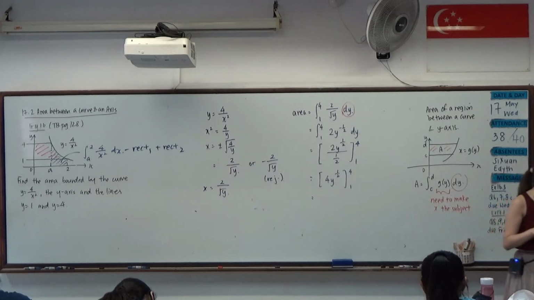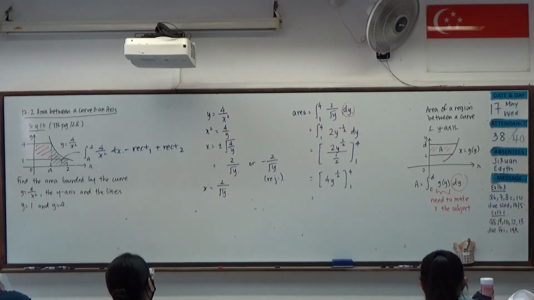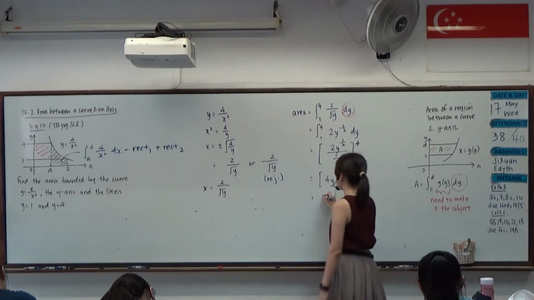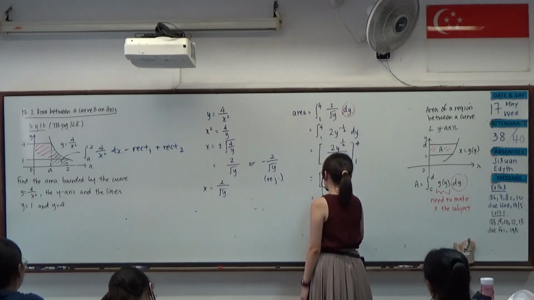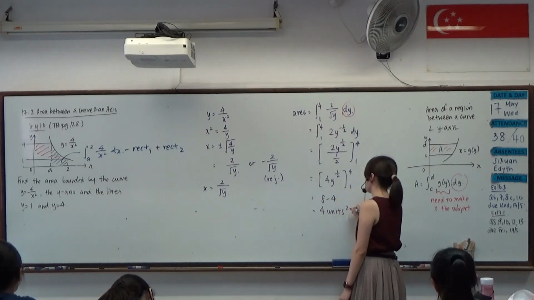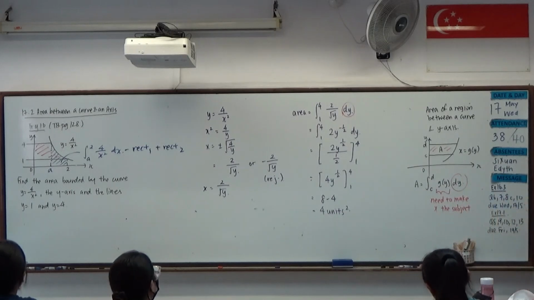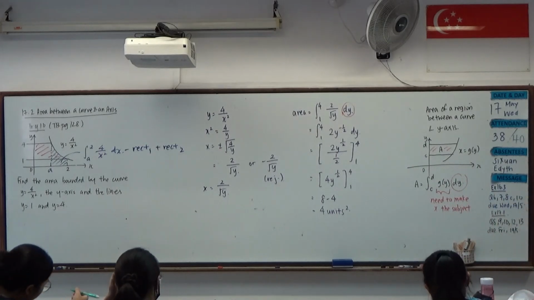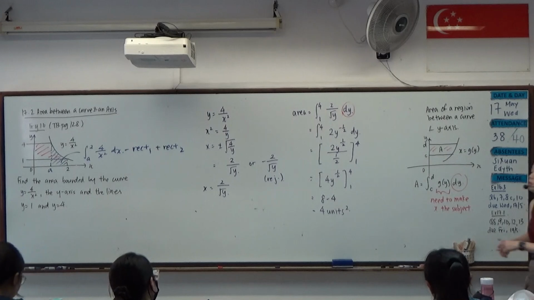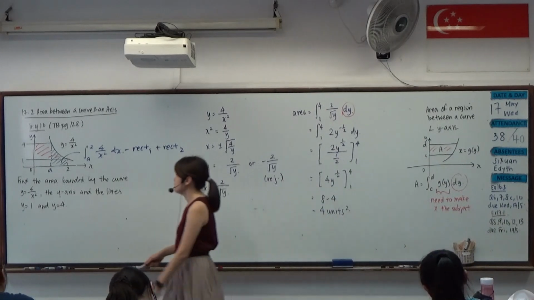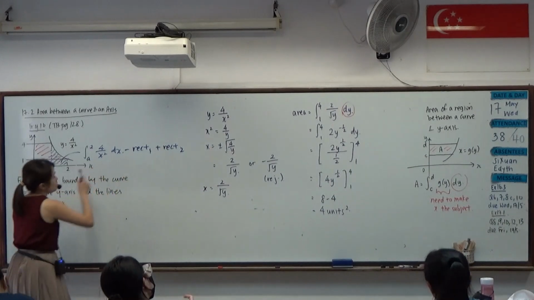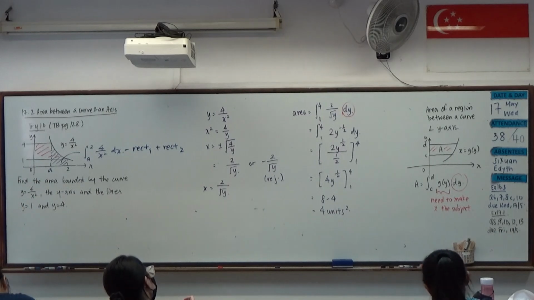Then we do the substitution as per usual. We will have 8 minus 4. And that gives us 4 units squared. So definitely simpler than to actually break it down into so many parts to integrate.